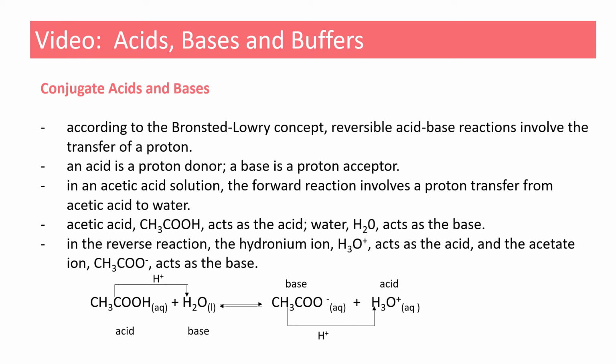In an acetic acid solution, the forward reaction involves a proton transfer from acetic acid to water. The acetic acid acts as an acid, of course. The water, H2O, acts as the base. In the reverse reaction, the hydronium ion acts as the acid and the acetate ion acts as the base.